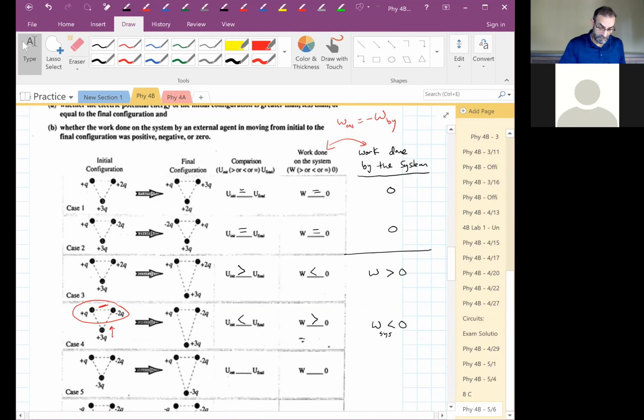What do we have? Now we've changed that +3 to a -3. Same situation as 4, but we've changed the +3 to a -3.